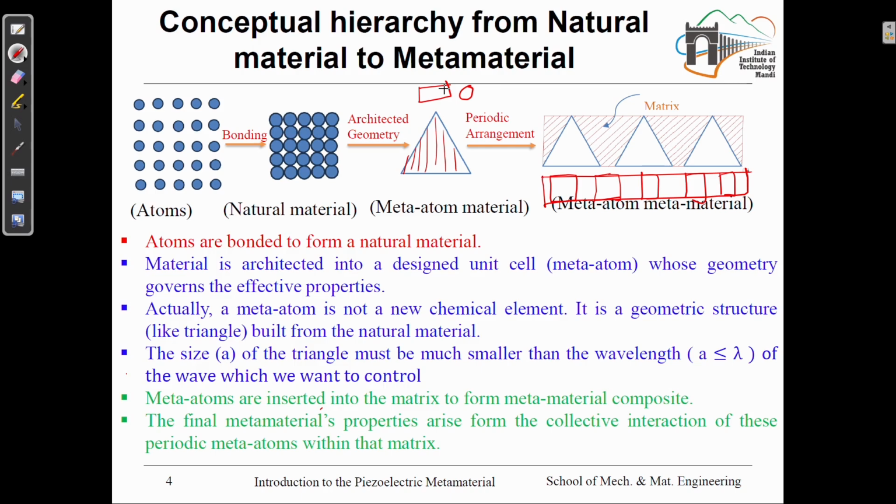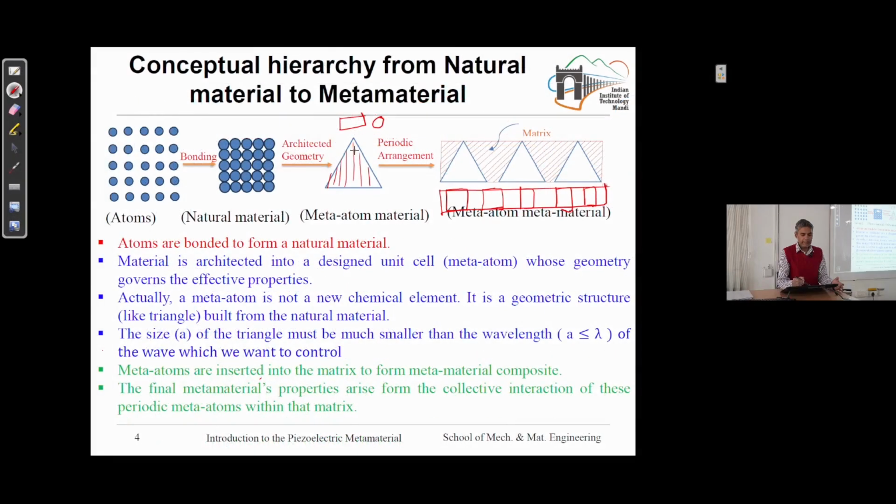So again, what we have now are atoms, and we know that atoms are bonded to make materials. We have the material, and then we can give it a specific shape, or design a special architecture, to make the meta-atom.